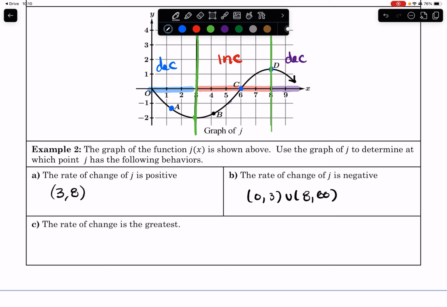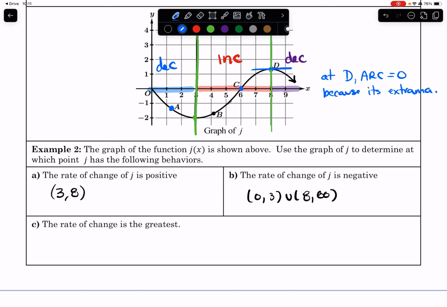At point D, you should automatically know, because this is a maximum, like we wrote earlier, at D the average rate of change is going to equal exactly 0 because it's an extrema. And that's going to be true every single time. At every place we have a maximum or a minimum, that's going to equal 0.